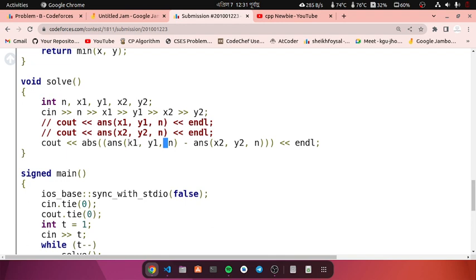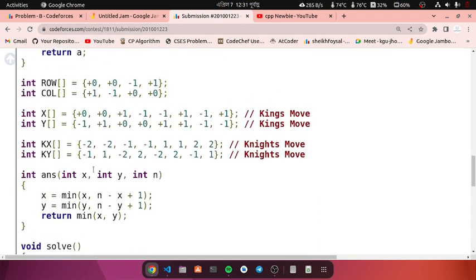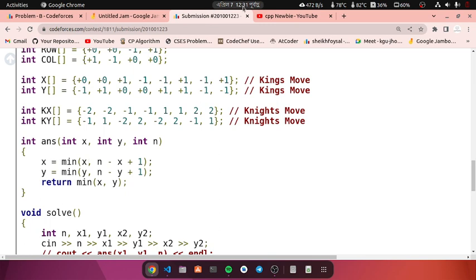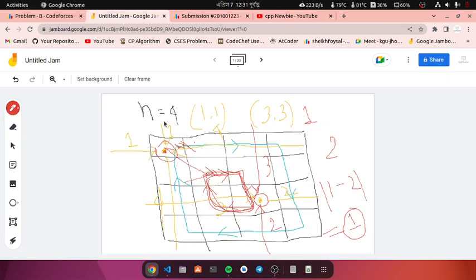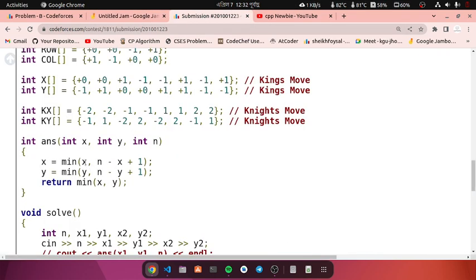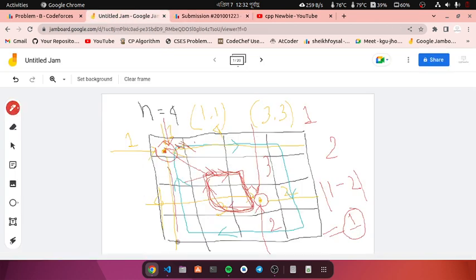For the first point, x, that means it is from the upper side, and the bottom side means n minus the upper side, that is n minus x1 plus 1. So this is 4, and from the upper side this is 1.